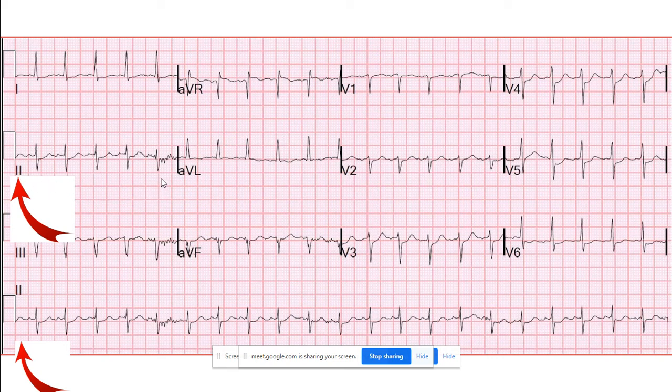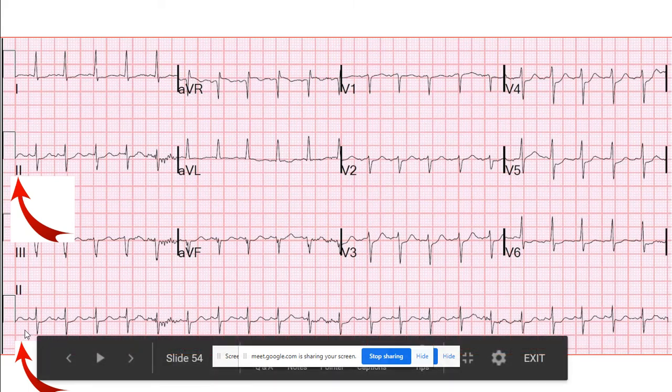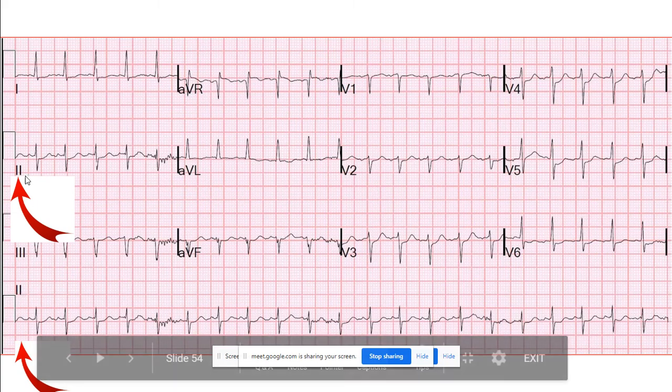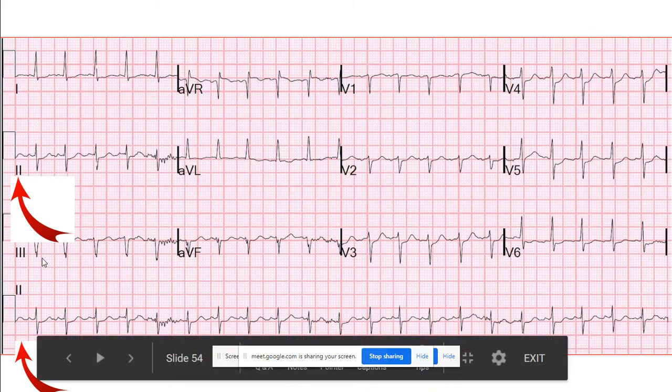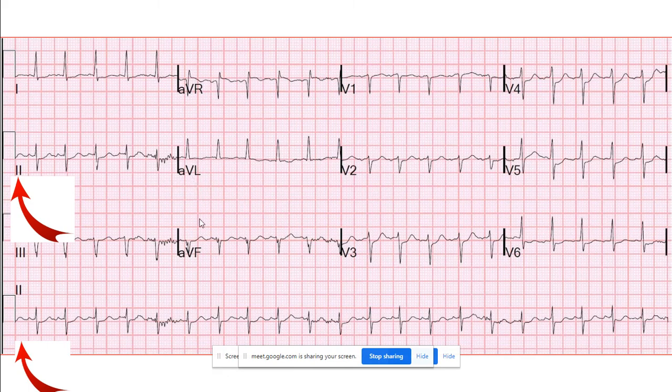Here's your little teeny tiny section of lead 2, and then here's all the other leads, and it labels them. But typically at the bottom of the EKG is a long picture in lead 2. So you've got to look at where it labels lead 2. But here's 1, 2, 3, AVR, AVL, AVF, and then V1 through V6.